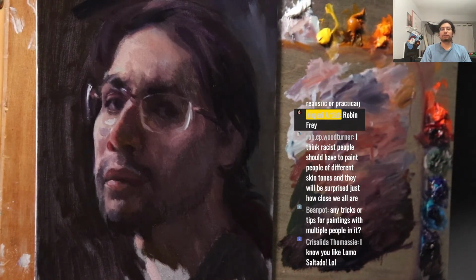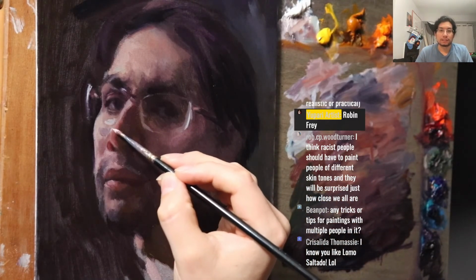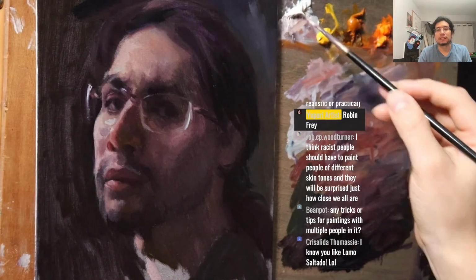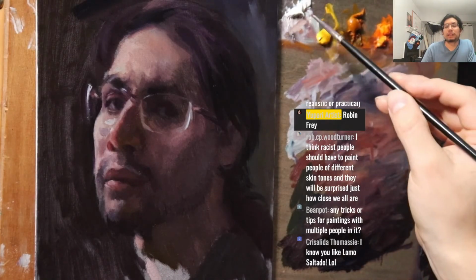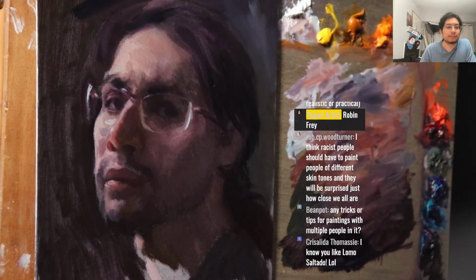And I had to be very, very picky of which shapes would go where, because at this point I could easily spend 30 minutes on an eye and you wouldn't notice that big of a difference. I could spend 30 minutes on the nose and you wouldn't notice that big of a difference.